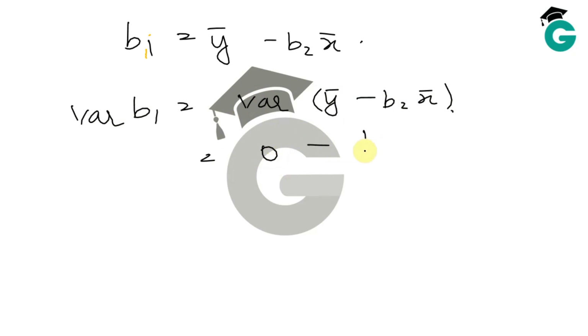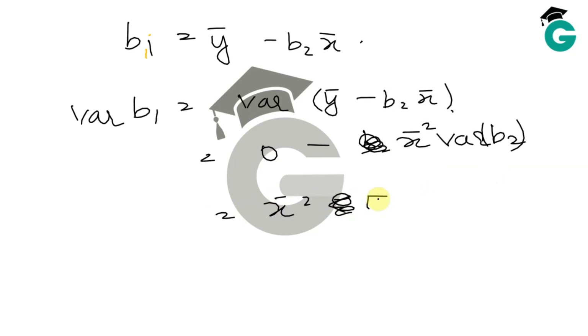So 0 minus x bar times variance of b2, and this will be x bar squared, because again you have a constant times a variable, the constant comes out squared. X bar squared variance of b2, so this is x bar squared times sigma squared over summation i of (xi minus x bar) squared.